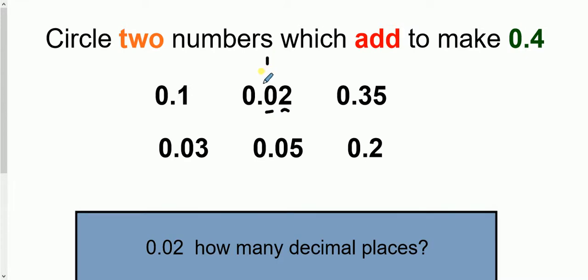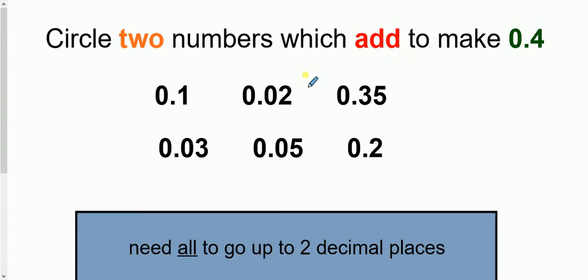It has tenths, and it also has hundredths. So this number has 2 decimal places. Now what we want is that all of the numbers go up to 2 decimal places, just like 0.02.